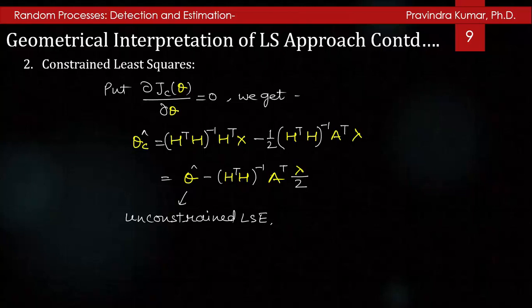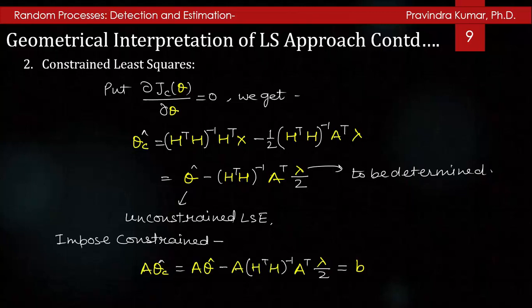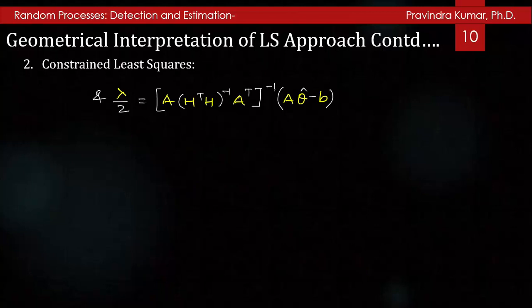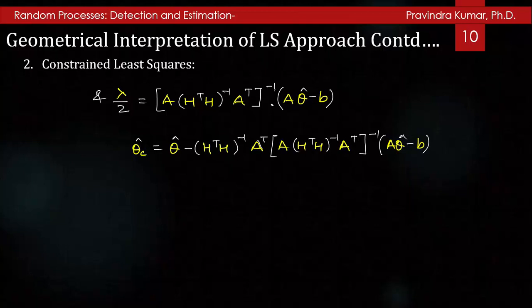To find lambda, we impose the constraint so that A theta c cap is equal to A theta cap minus A inverse of H transpose H A transpose lambda by 2 is equal to B, and lambda by 2 is equal to inverse of the matrix A inverse H transpose H A transpose into A theta cap minus B. Putting lambda in the expression of theta c cap, we will get theta c cap is equal to theta cap minus inverse of the matrix H transpose H A transpose and the inverse of the matrix A inverse H transpose H A transpose into A theta cap minus B. The constrained LSE is a corrected version of the unconstrained LSE.